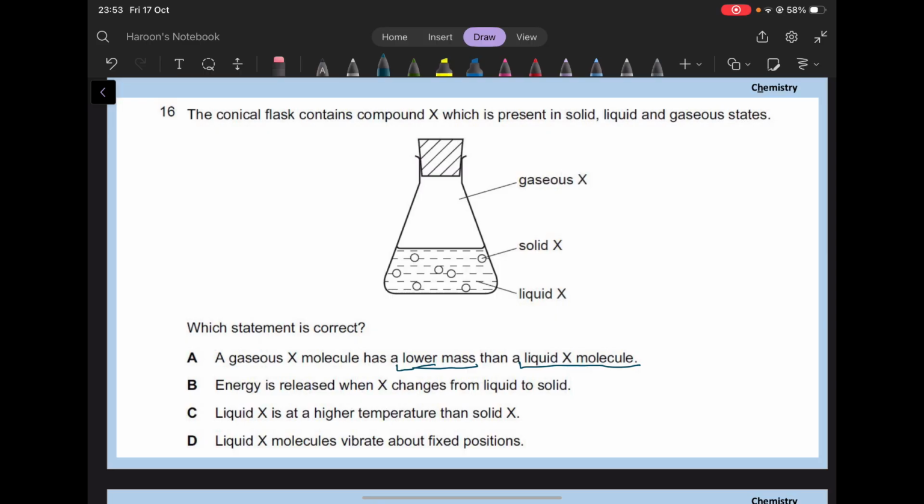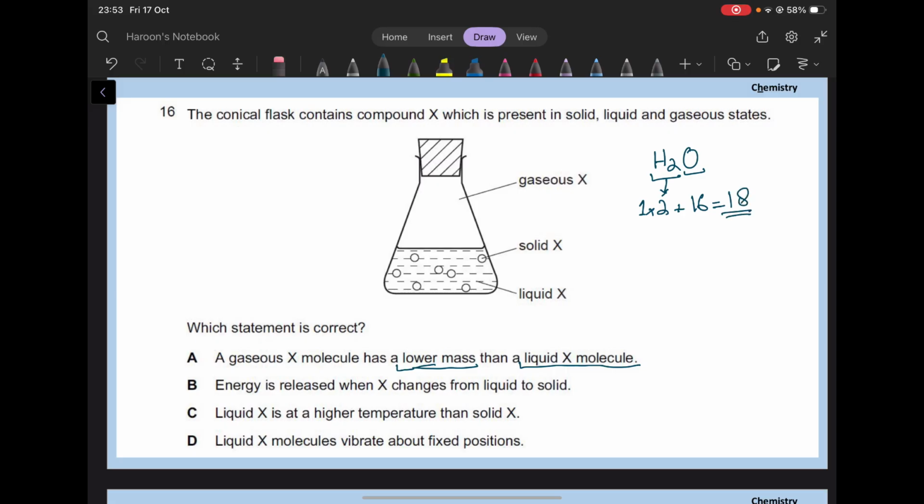So mass is related to the molar mass. So for example, for H2O, let's just take an example. Hydrogen has a mass of 1, right? We have 2 hydrogens, so 1 multiplied by 2, plus for oxygen, the mass is actually 16. This is given in the periodic table. So the total here would be 18.